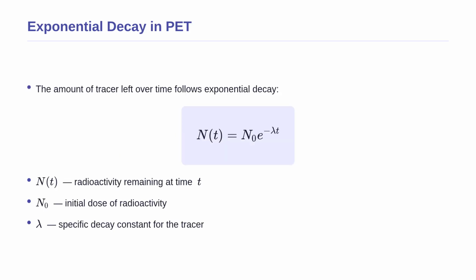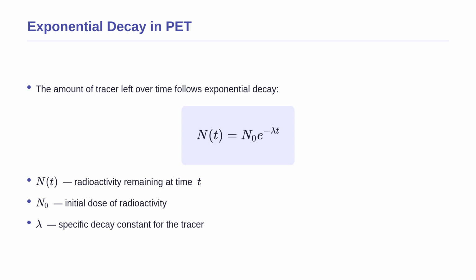To predict the amount of tracer left, we use the standard exponential decay formula. Conceptually, this equation models how a substance reduces continuously over time based on its unique decay rate. N of T represents the amount of radioactivity remaining at a given time. N0 is the initial dose administered to the patient.